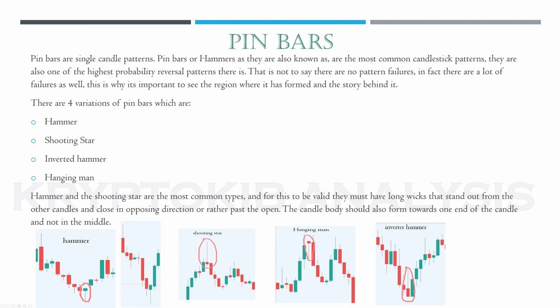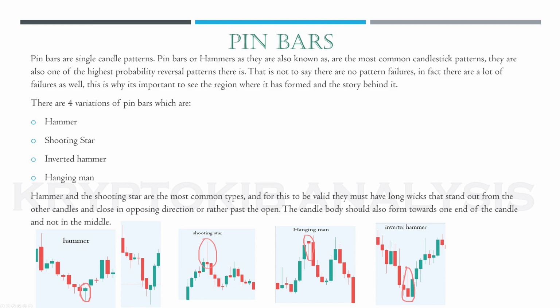There are four variations of pin bars, which are hammer, shooting star, inverted hammer, and hanging man. Hammer and the shooting star are the most common types, and for this to be valid, they must have long wicks that stand out from the other candles and close in the opposing direction, or rather past the open of the previous candle.